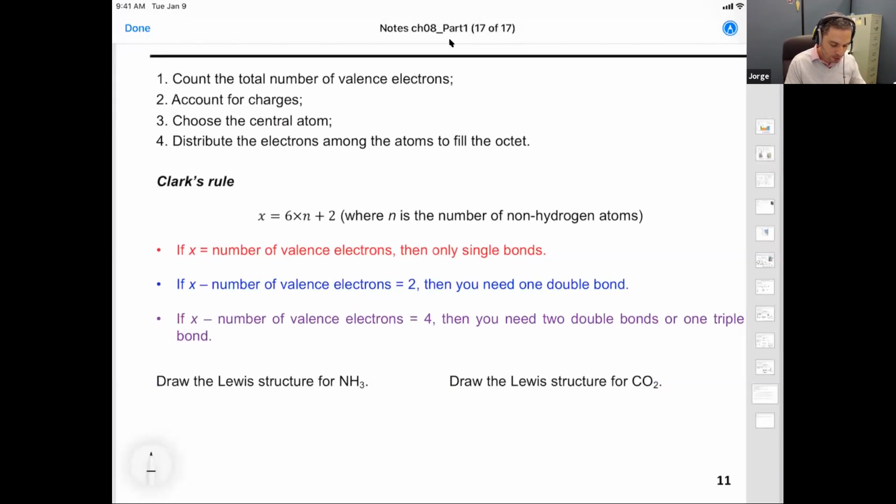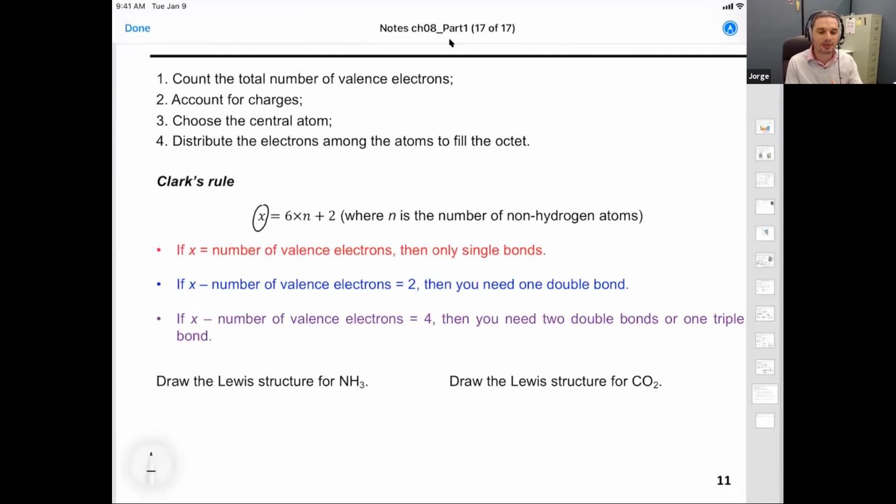So what you are going to do is compare a number with the number of valence electrons. We have a number that we are going to call x, and x is equal to 6 times the number of non-hydrogen atoms plus 2. We compare x with the number of valence electrons.